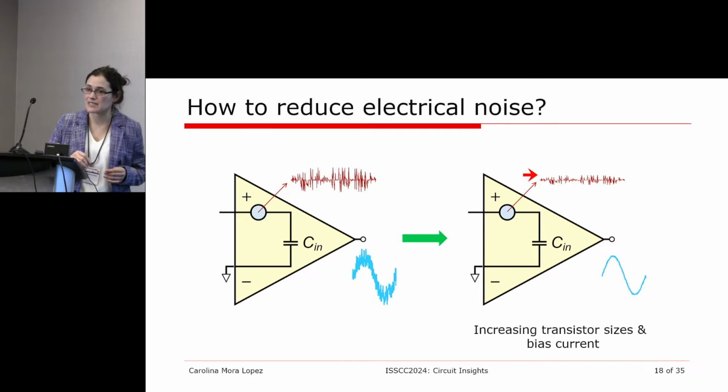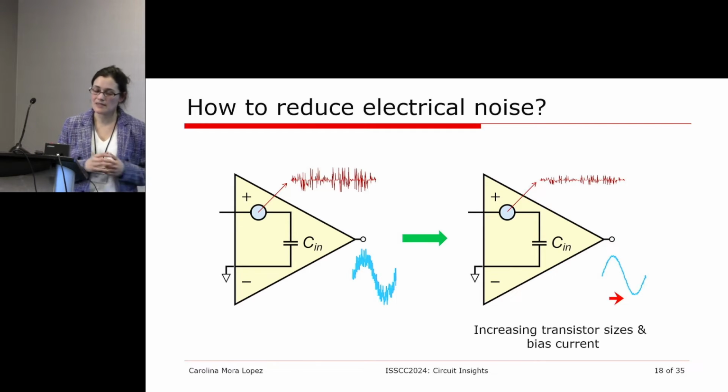Even in this conference, you will find presentations and papers on how to design a better amplifier for biomedical applications. Typical techniques to achieve low noise may include increasing your transistor sizes, or increasing your bias currents.